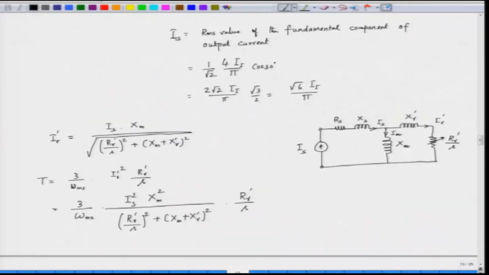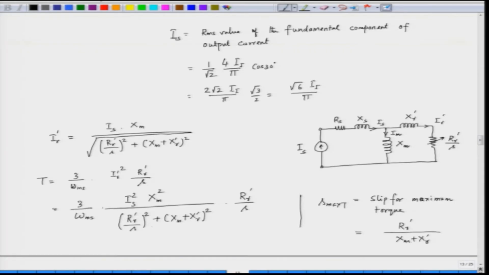We can very easily say that S_maxT, the slip for maximum torque, is equal to R_R prime divided by X_M plus X_R prime, since we have in the denominator X_M plus X_R prime.